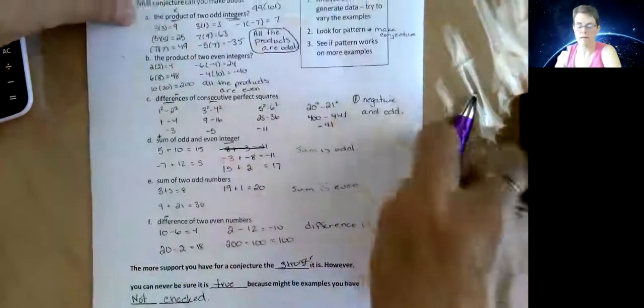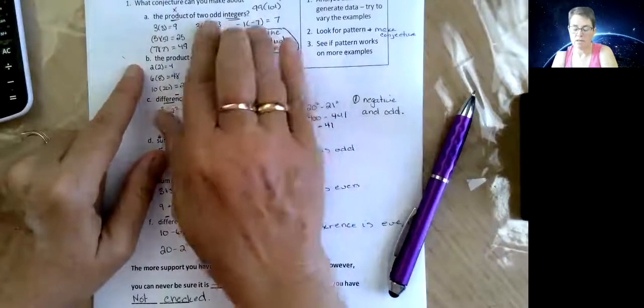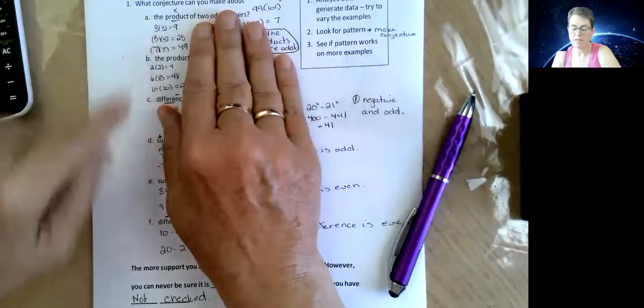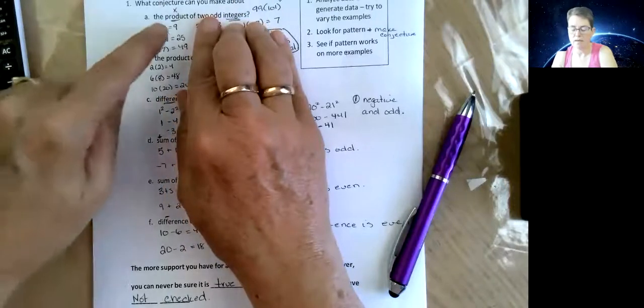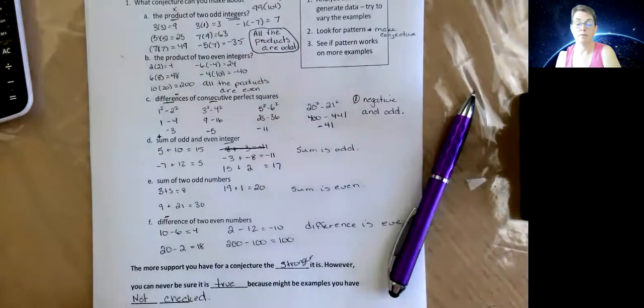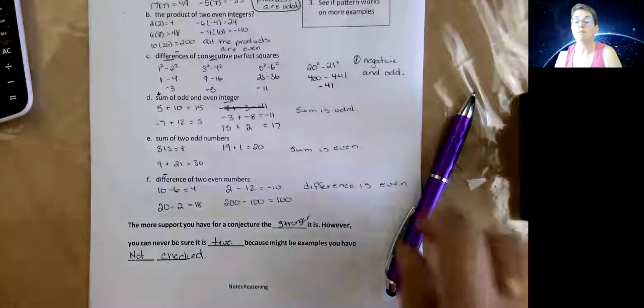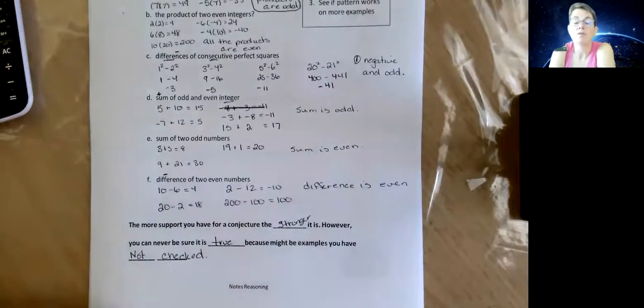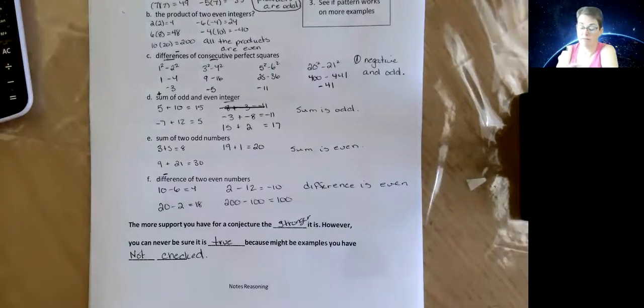When I was doing the product of two odd integers, if I had stopped with just these examples, I would have got an answer that said it's always going to be a perfect square. But when I did more examples, I was able to say that all the products are odd. So the more support, the more examples you go through, the stronger your conjecture is going to be. But inductive reasoning is not great because at some point there may be an exception that you haven't thought of. And that's the end of that one.